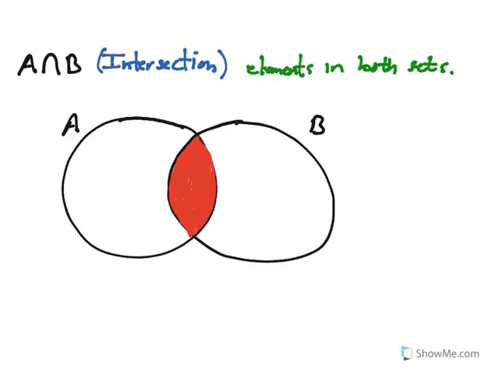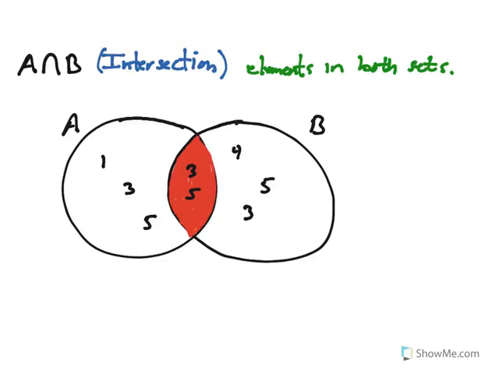Let's say you had some numbers, okay? You got numbers 1, 3, 5 in set A, and then you got 4, 5, 3 in set B. Well, you notice that 3 and 5 are in both of those sets. 3 is in both set A and B. 5 is in both sets A and B. So those two elements are in both sets.